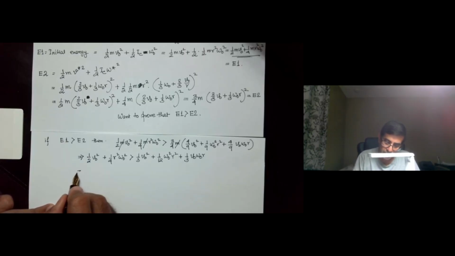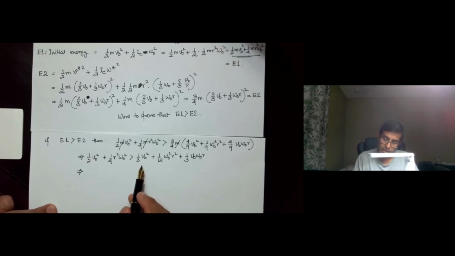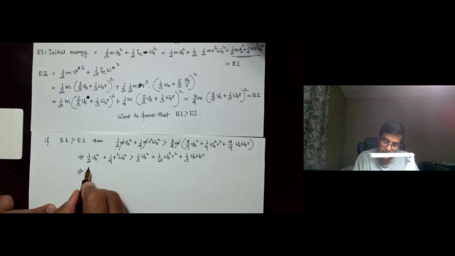Okay, so if this is true, then we must have half minus 1/3 is going to be 1/6 V naught squared. 1/4 minus 1/12 omega naught squared r squared is going to be 1/3.